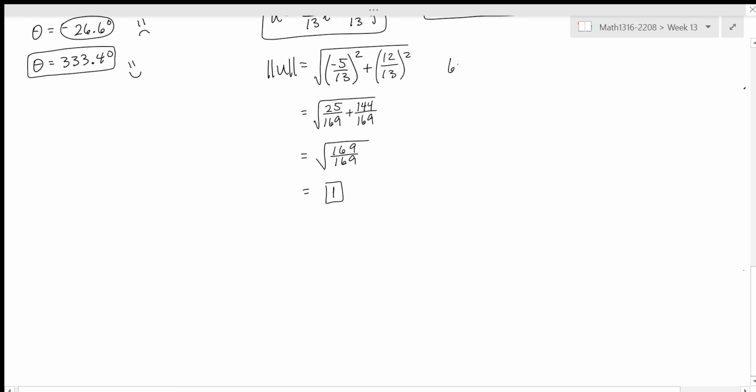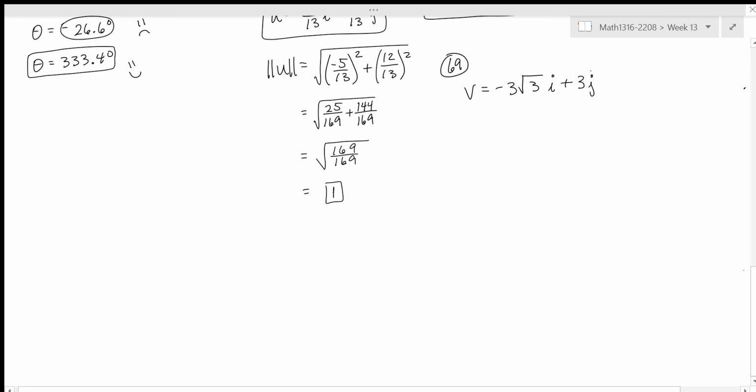Number 69. It says v equals negative 3 square root of 3 i plus 3j, and the instructions say find the direction angle.